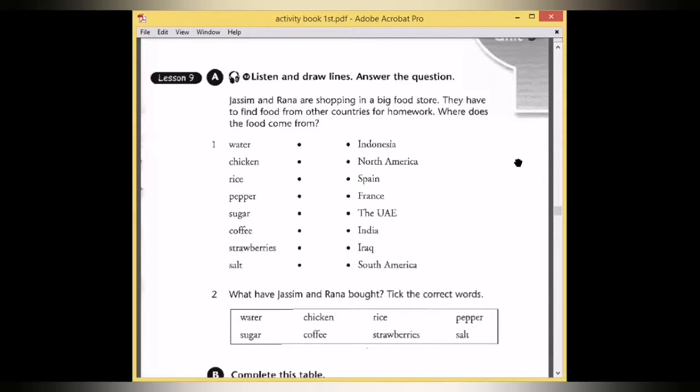What about strawberries? They come from Spain. And salt. It's okay, Abdulaziz. Salt. It comes from France.